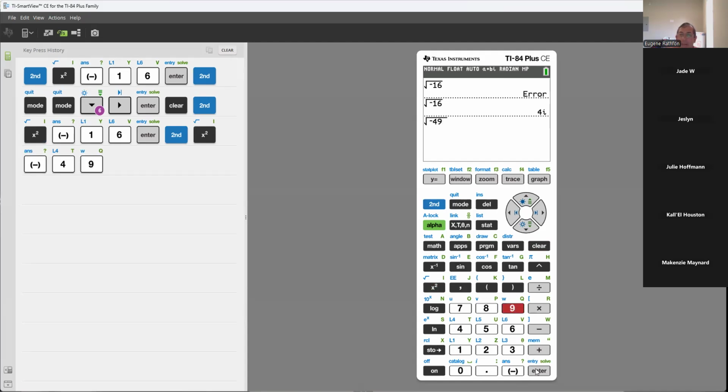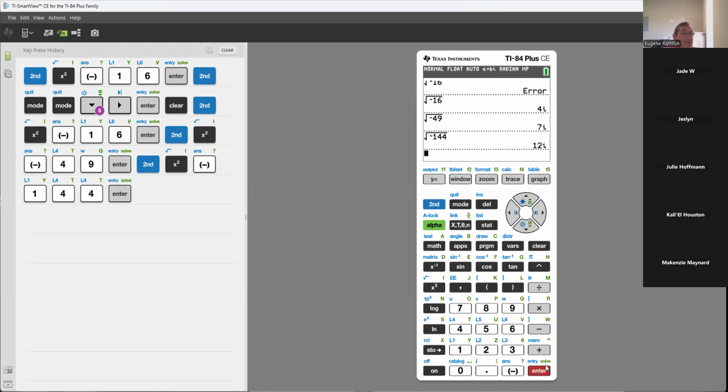If you put that in, 7i. Square root of a negative 144 is a 12i. So see, if it's a perfect square, it's all coming out perfectly, okay? So that gave me a 4i for that square root of negative 16 up there.